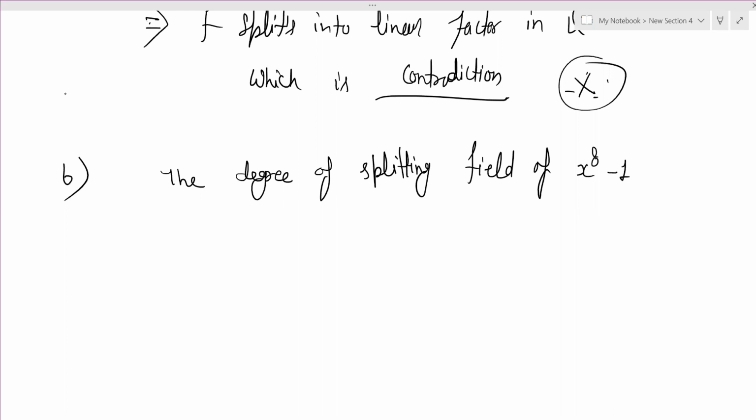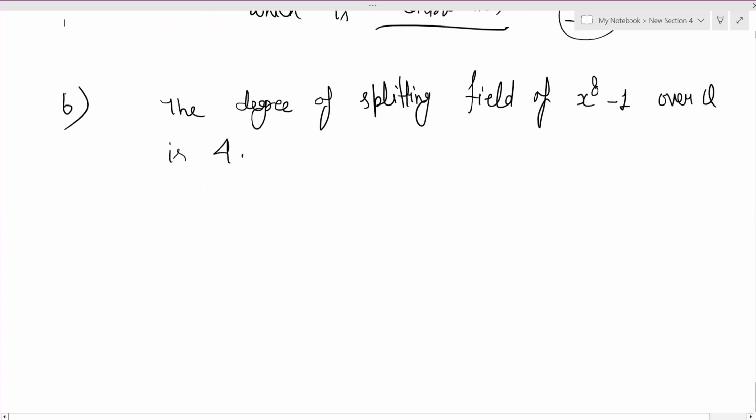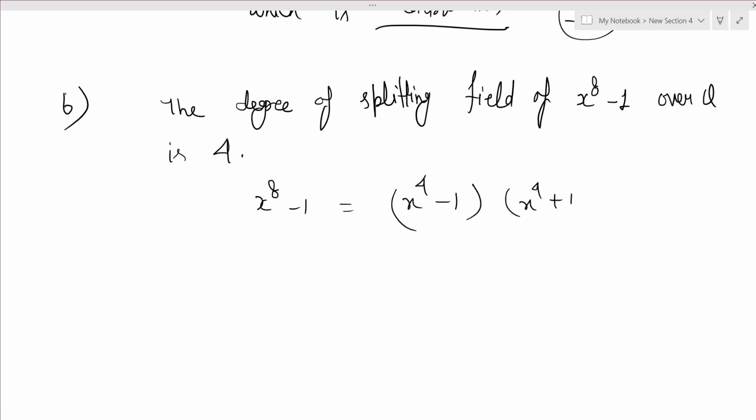Tell me, is this true or not? How can you write x to the power 8 minus 1? x to the power 4 minus 1 times x to the power 4 plus 1.